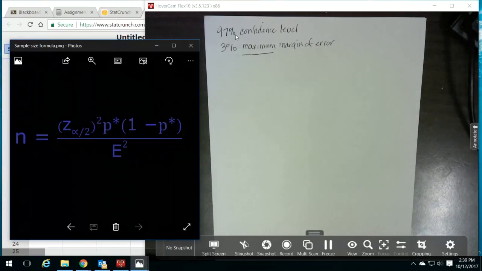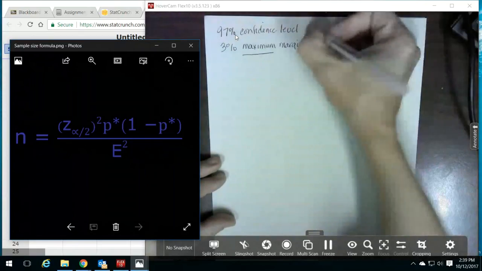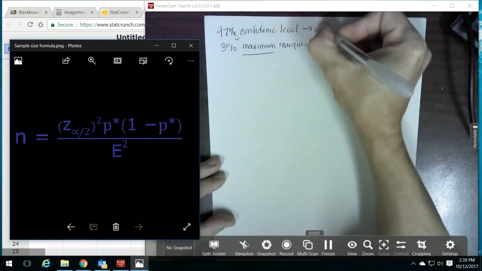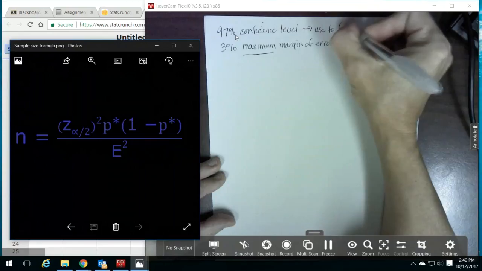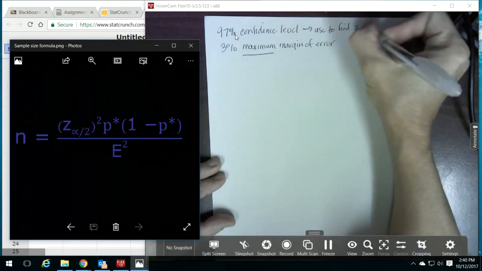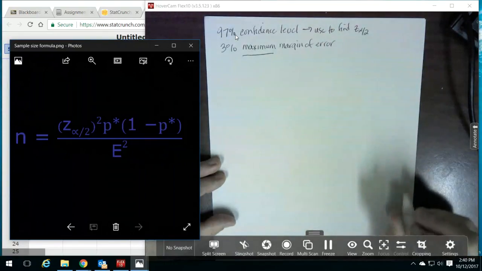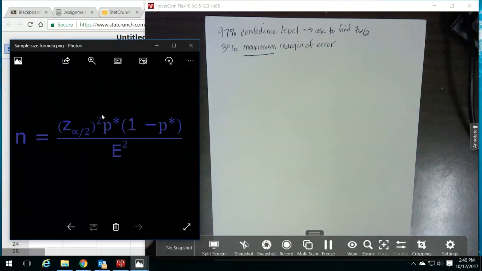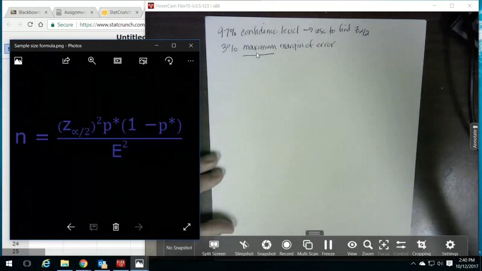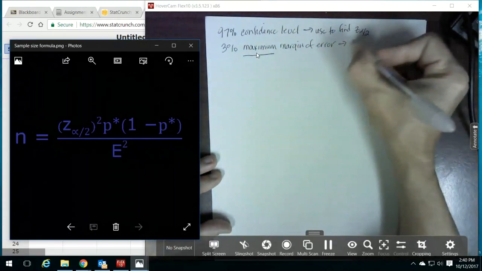So for the 97% confidence level, I'm going to use that to find my critical value, so my z of alpha over 2, which goes into the formula right here. The maximum margin of error, that's going to be the E in the formula.